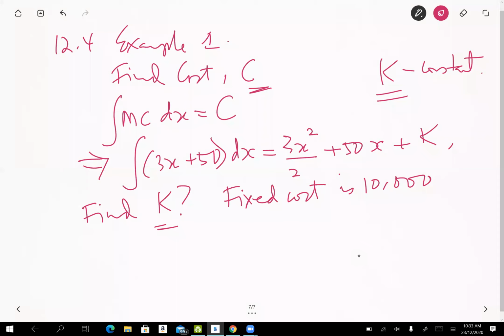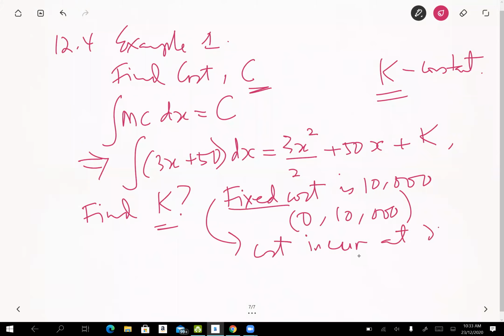Fixed cost means the cost that you incur at x equal to 0. That means the cost that we incur even if we don't produce any output. So at x equal to 0, the cost is the fixed cost.